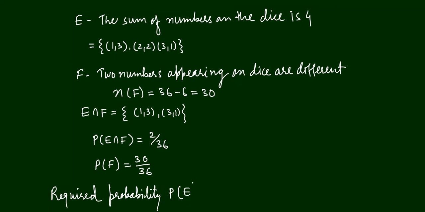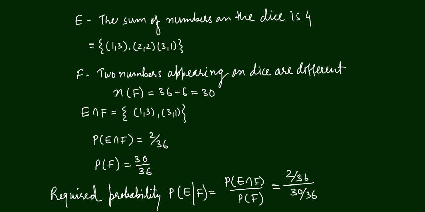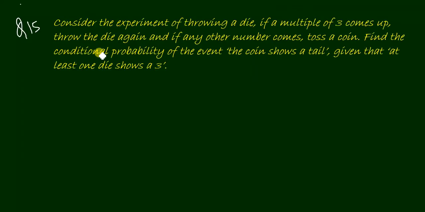Probability of E when F is already happened. That will be the probability of E intersection F divided by probability of F. So it is 2 by 36 upon 30 by 36. So it is 2 by 30, that is 1 by 15, will be the required probability that we have to find out here.